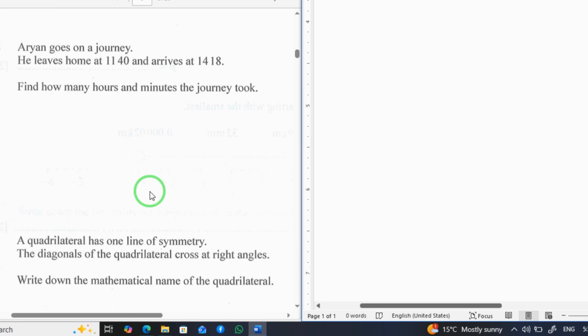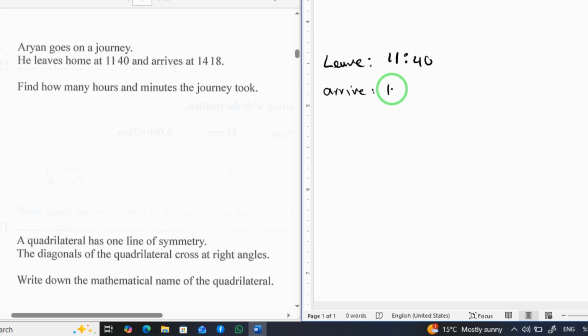The leaving time is the starting point, and the arrival time is 14:18. What we should calculate is how many hours and minutes this journey took.